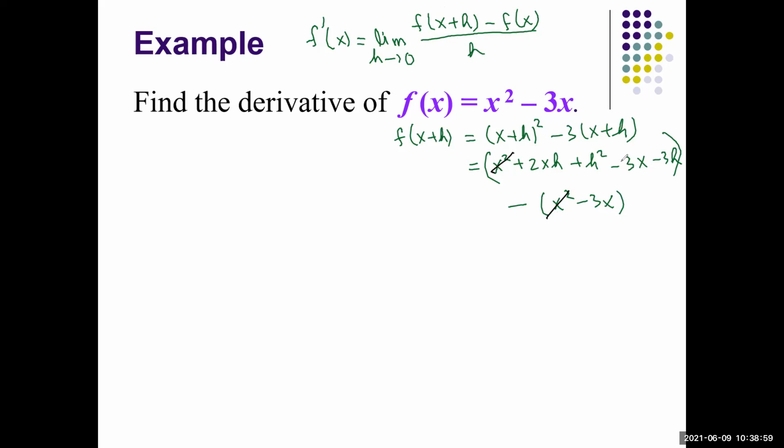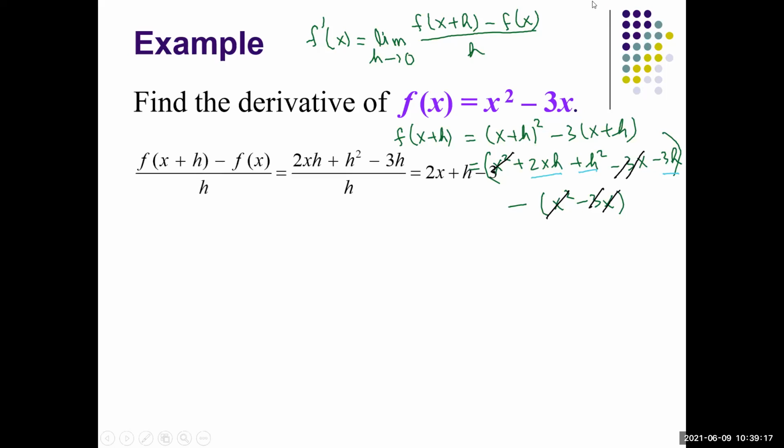And then negative 3x minus negative 3x, they cancel. So what you have left is this term and this term. After simplifying, you have 2xh plus h squared minus 3h over h.